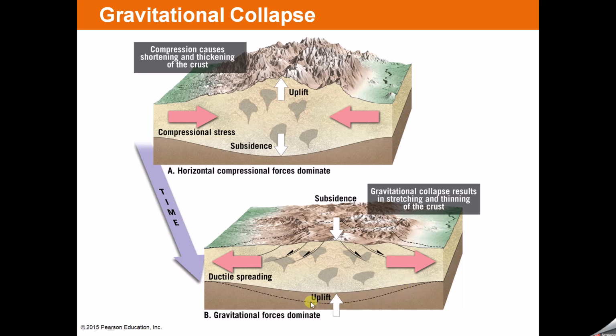Also, the mountain at the bottom will start the process of uplifting or rebound, and the weight of the mountain will be spread on both sides. We call it ductile spreading, and the whole process we call gravitational collapse of the mountains. So at first here we have compressional forces, but over time will be extensional forces due to the gravitational collapse.